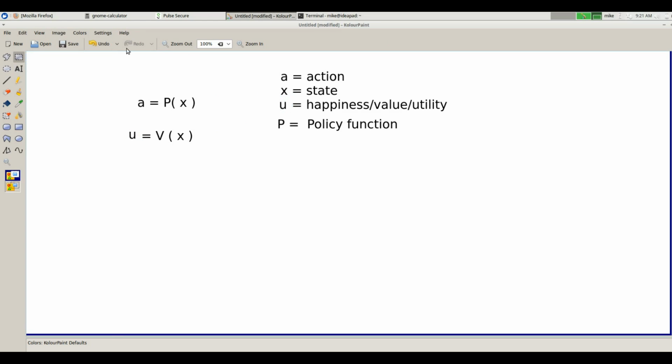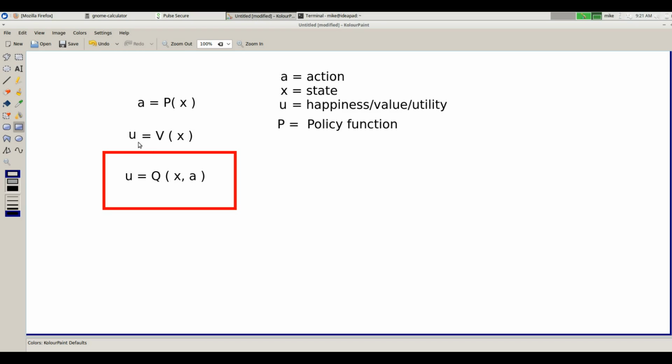Okay, we can say utility is a function of our state, or we could say quality, which is also kind of utility, is, let's go, utility is a function of state and action. Right? Now, this is the one we have studied. We have been saying that, hey, if you know where you are and what you're going to do, that leads to overall utility, happiness, value, homeostasis, whatever you want to call it.